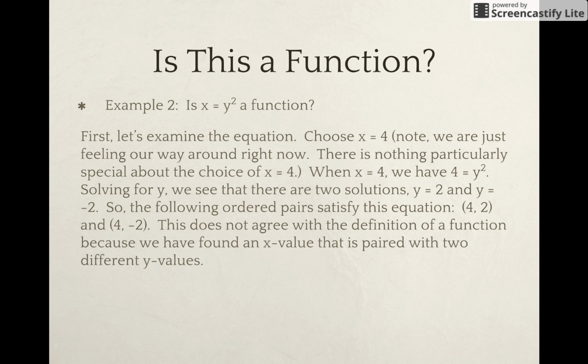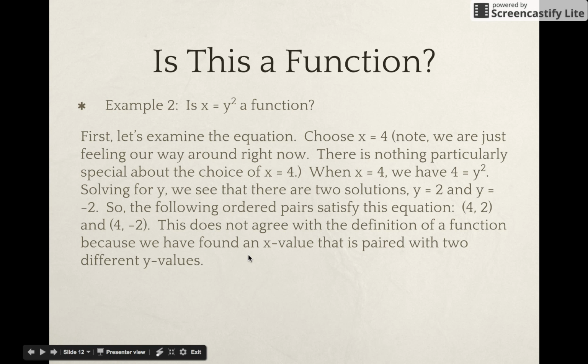The definition of a function says each x is paired up with exactly one y value. So when x is 4, if this is a function, we should get exactly one y value that makes the equation true. Well, what we get when we let x equals 4 is 4 equals y squared, which is true if y is 2 and is true if y is negative 2.